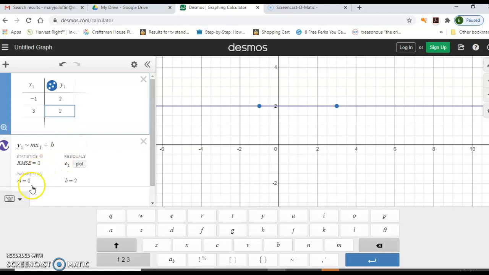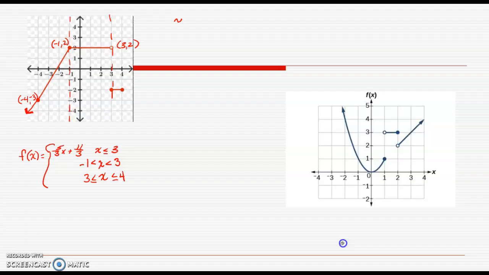And that'll tell me I have a 0 slope. So y just equals 2. Okay, so my equation here is y equals 2. So when I go over here, I'll just fill in my 2, because that's what it is from here.